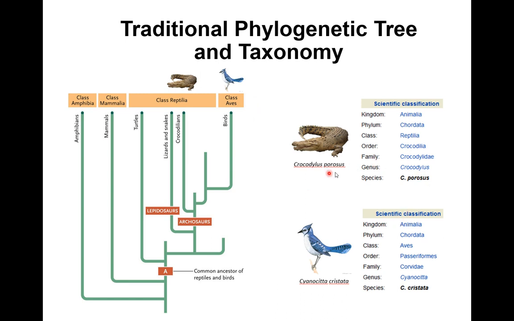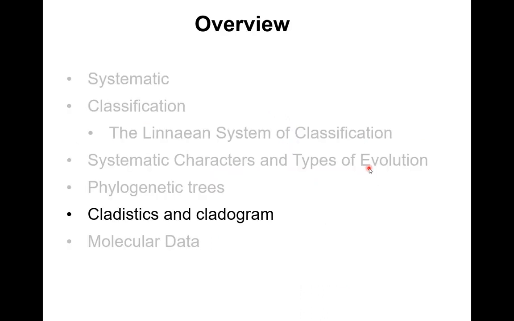Look at the classification here. The only things that these two types of animals have in common are the kingdom and the phylum. After that, you have the class, order, family, genus, and species that are completely different here. So there is some discrepancy between what evolution says and what the classic taxonomy is saying here. It's placing organisms that theoretically should be fairly close, evolutionarily speaking, far away. All right, and that's exactly what cladistics is trying to address.